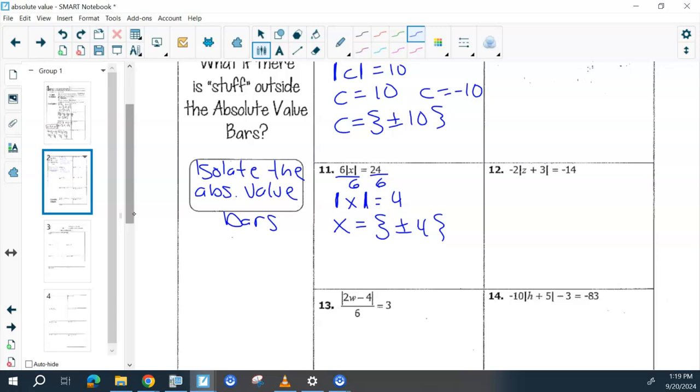Let's try 12. So similar, but now we actually have stuff inside. Disregard that until the end. What would be our first step? Divide. Just like 11, this is outside. They're next to each other, they're multiplying. So to get rid of that, you divide. Leave this in absolute value bars until you've gotten rid of the negative 2. Then you can drop it and set it equal to the positive and the negative.